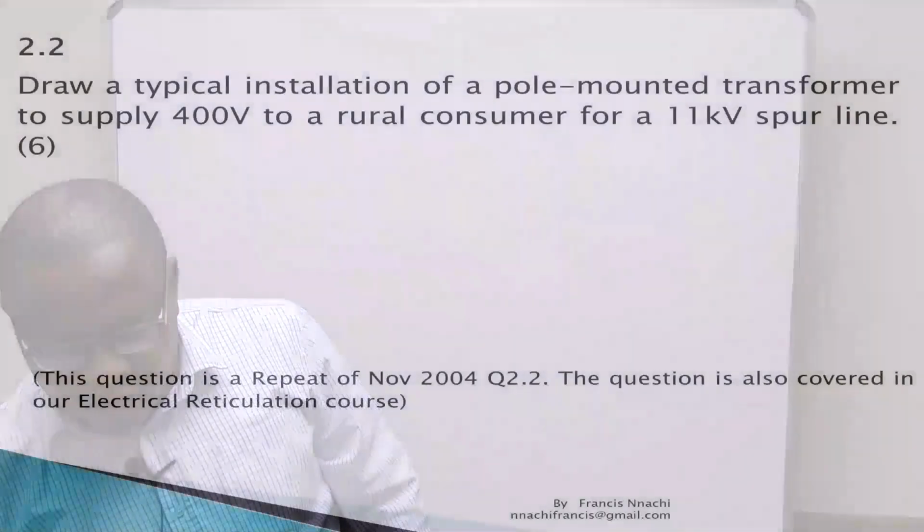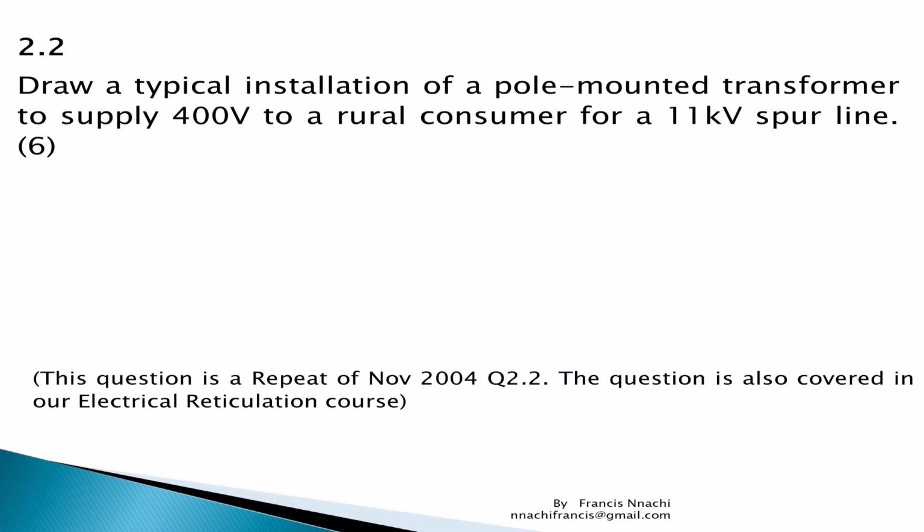All right, so now the question says, draw a typical installation of a pole-mounted transformer to supply 400 volts to rural consumer for 11 kV spare line. Okay, this is actually a repeat of November 2004, question 2.2.